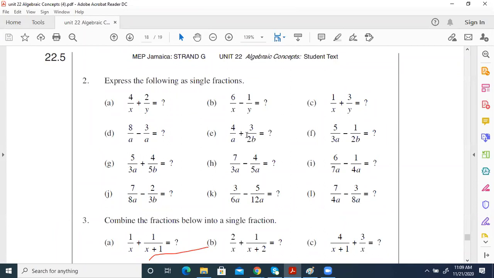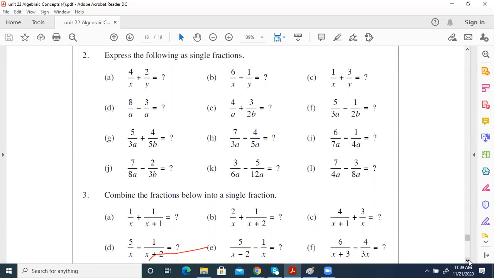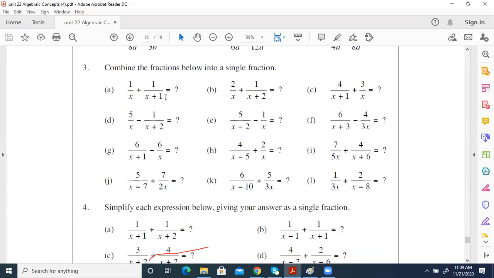You get an A, you get a 2B, you get an X, you get a Y, and they have another set of questions where you have a two-term thing going on in the denominator. You have an x plus 1, another one of x, and you have an x plus 2, an x plus 1.